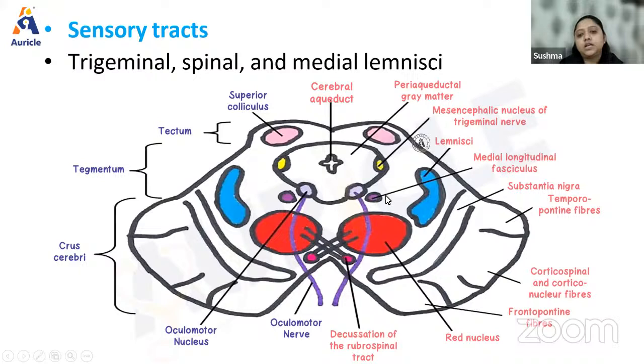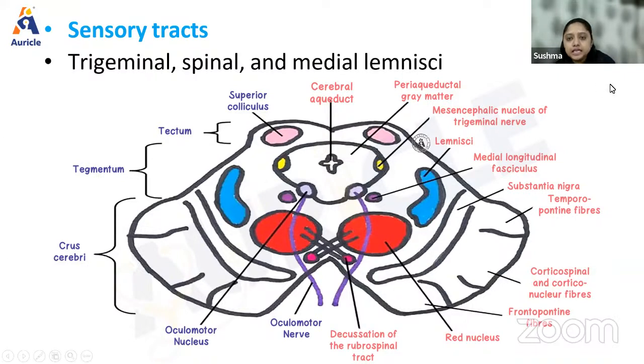Along with the oculomotor nerve, immediately write the medial longitudinal fasciculus. After you write the medial longitudinal fasciculus, write the red nucleus. You've already covered 4 different structures. After this, write the substantia nigra and this entire part which indicates the different motor fibers, descending tracts, which is my crus cerebri, the cerebral peduncle.